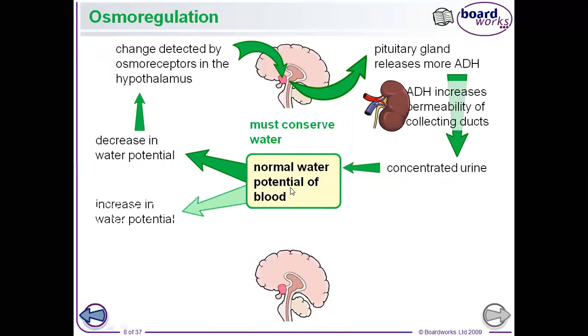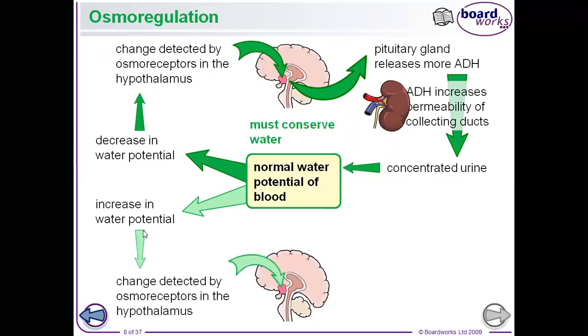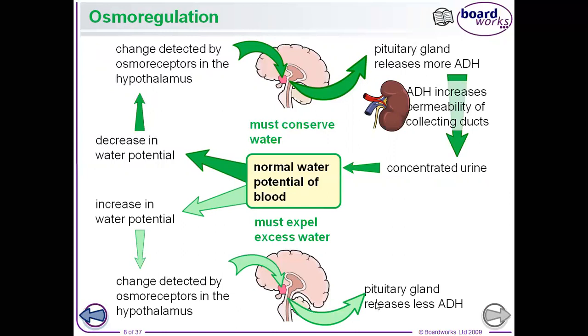Now let's suppose water potential increases in our body, so who will detect it? Again, the osmoreceptors of the hypothalamus will detect it, and it will send an impulse to the pituitary gland.